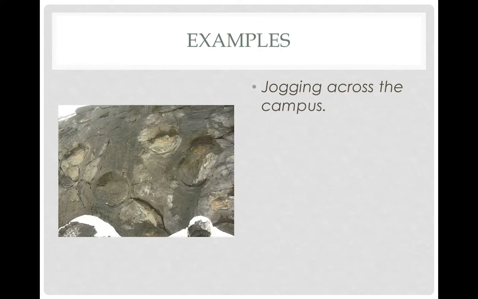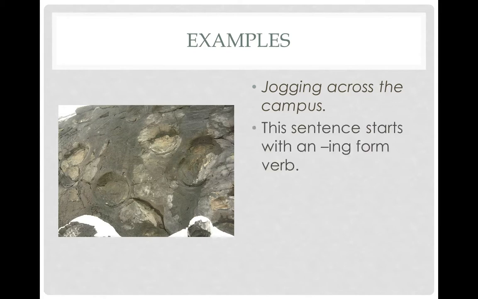Two more examples. First, we start here with jogging across the campus. This sentence starts with an odd kind of word called a gerund, this ing form verb. These are a really weird part of speech. They appear in many different ways in sentences.